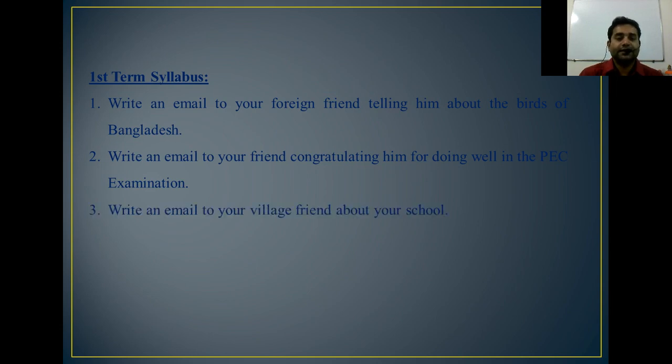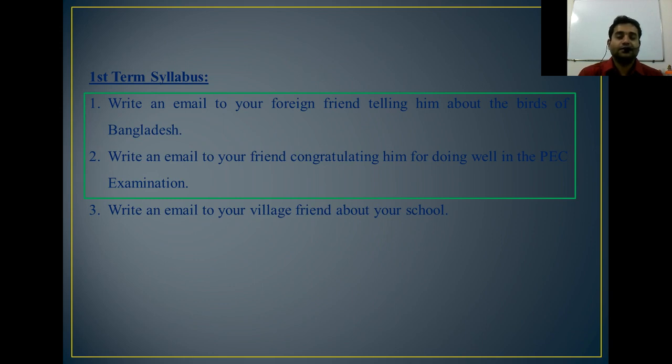Number 3, write an email to your village friend about your school. From these 3 emails, the first 2 emails are in your first quiz.